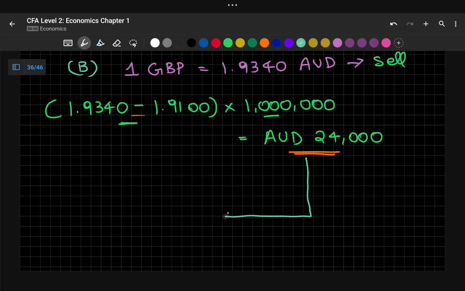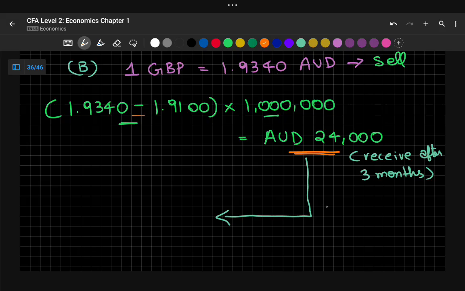Hence, in this case, Ria has to discount this amount by 3 months. How can she discount this amount? So this AUD 24,000 is to be received after 3 months, but Ria needs to close the position today.